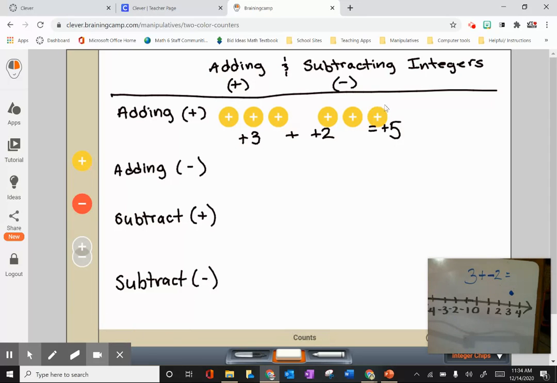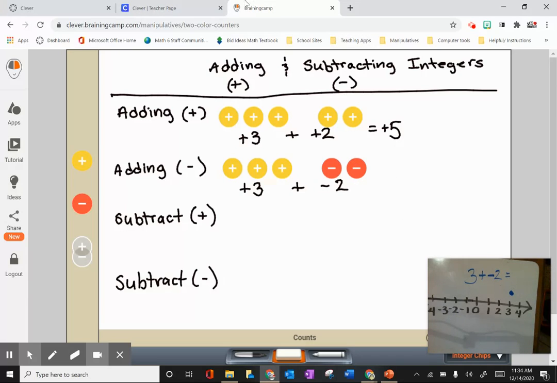So we still start with 3, and now we want to add 2 negatives. So you're still starting with positive 3, and you're going to add negative 2. So I'm going to add 2 negatives.